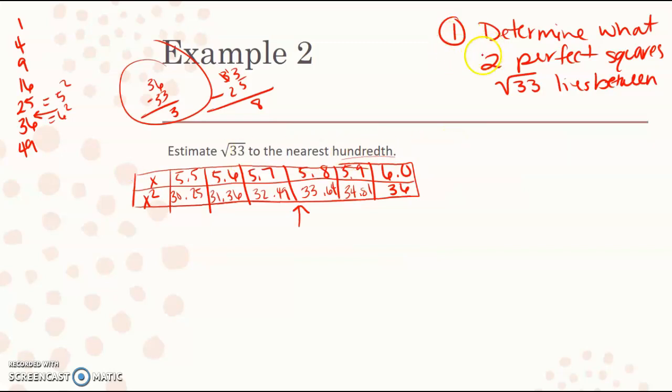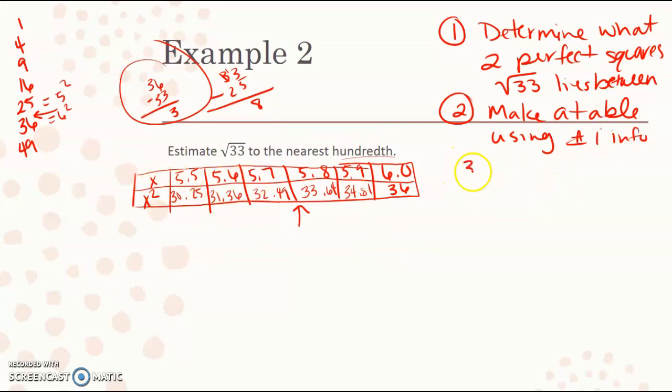So step 2 was make a table using number one info, right?